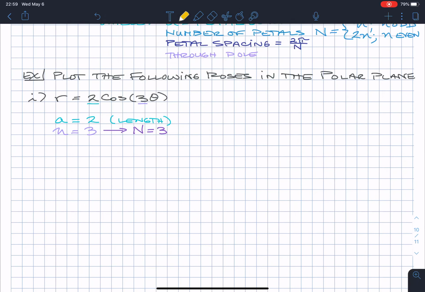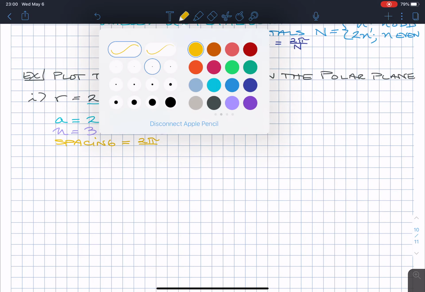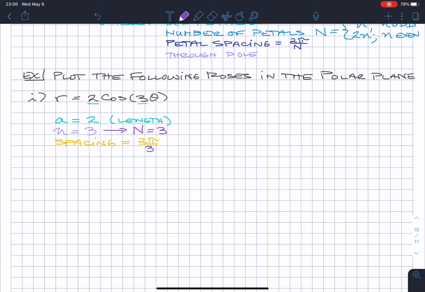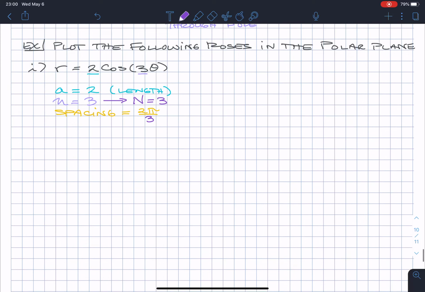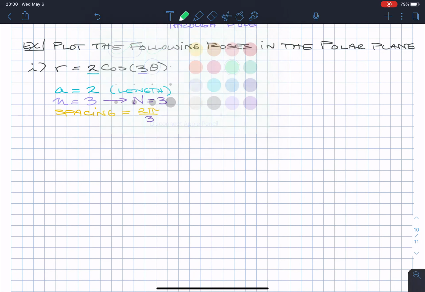So the spacing is going to be 2 pi divided by the number of petals, 3. And since this is cosine, the first petal is along theta equals 0 radians.